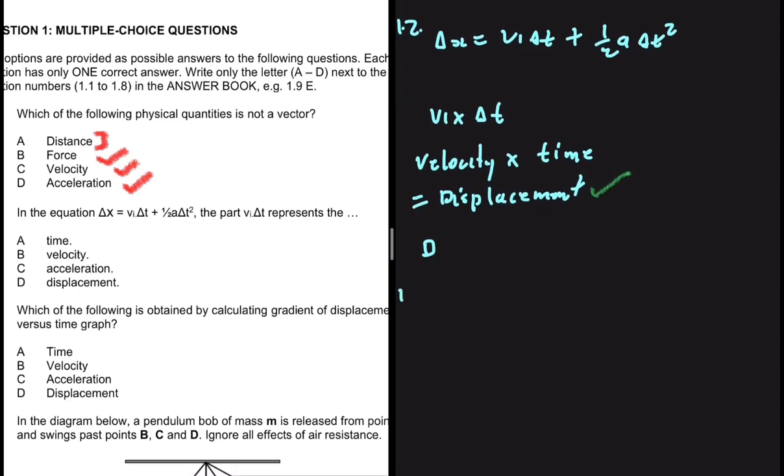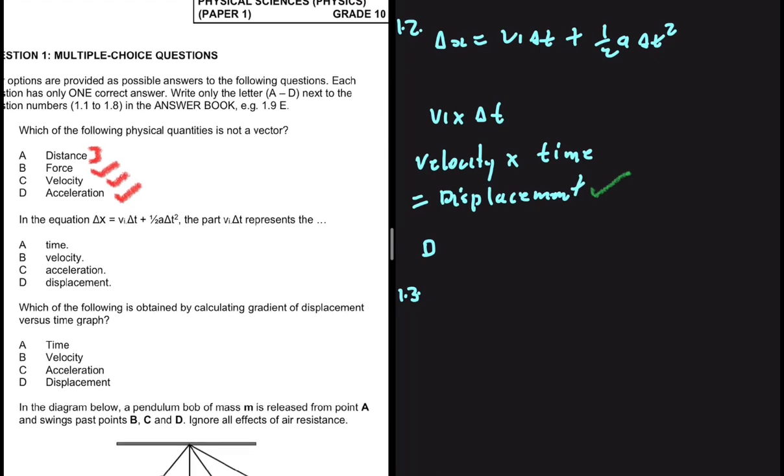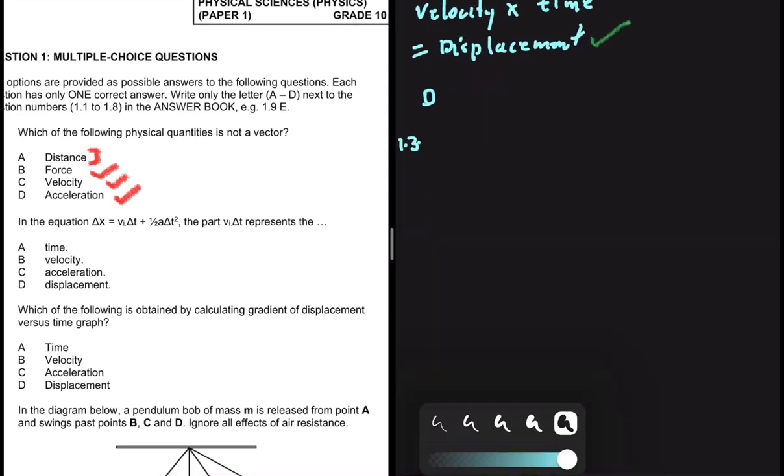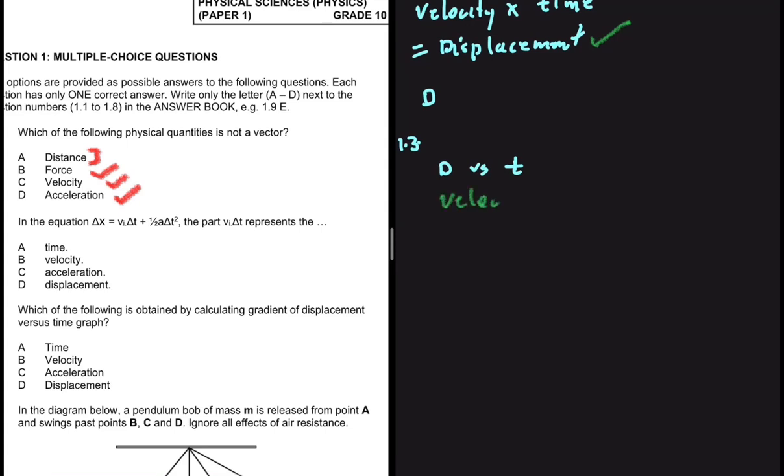Let's look at 1.3. Which of the following is obtained by calculating the gradient of a displacement versus time graph? If you calculate the gradient of displacement versus time, you will get velocity.